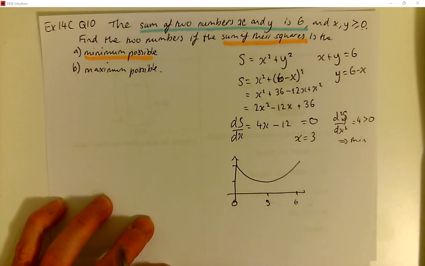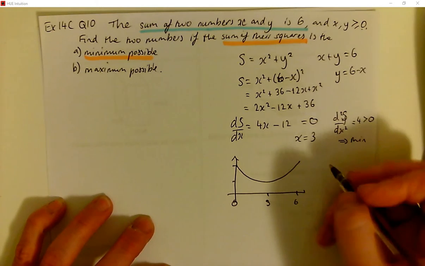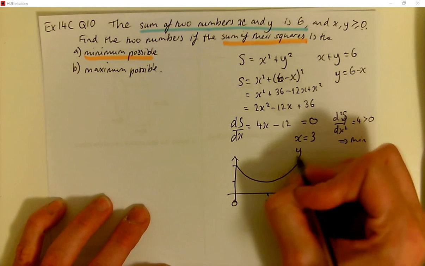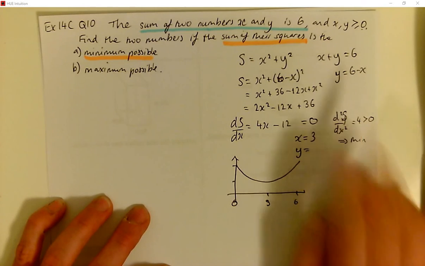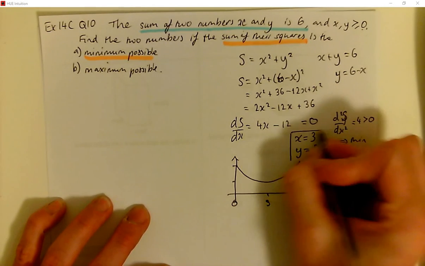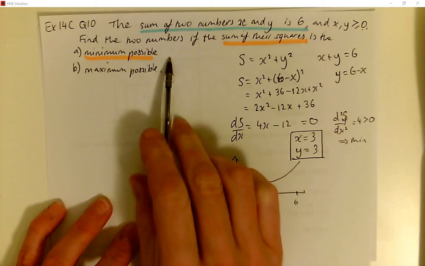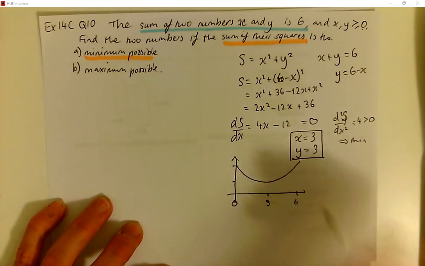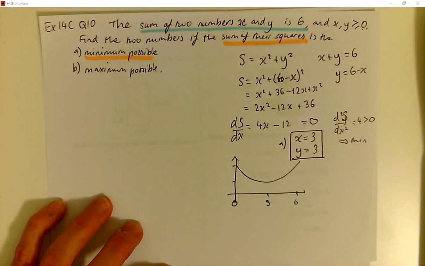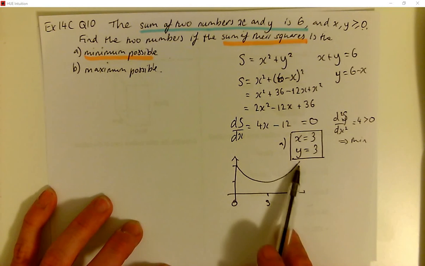So if x is 3, then y is 6 minus 3, which is also 3. That gives us our minimum possible, so that answers part A. But we can see that we get our maximum possible from the ends.